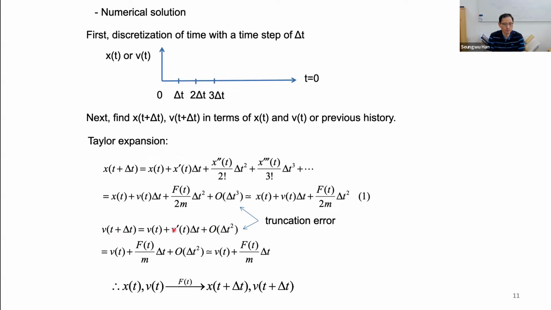Anyway, we have the form. So, given x(t) and v(t), by plugging them into these equations, we can obtain x(t plus delta t) and v(t plus delta t). In this way, you can proceed in time.